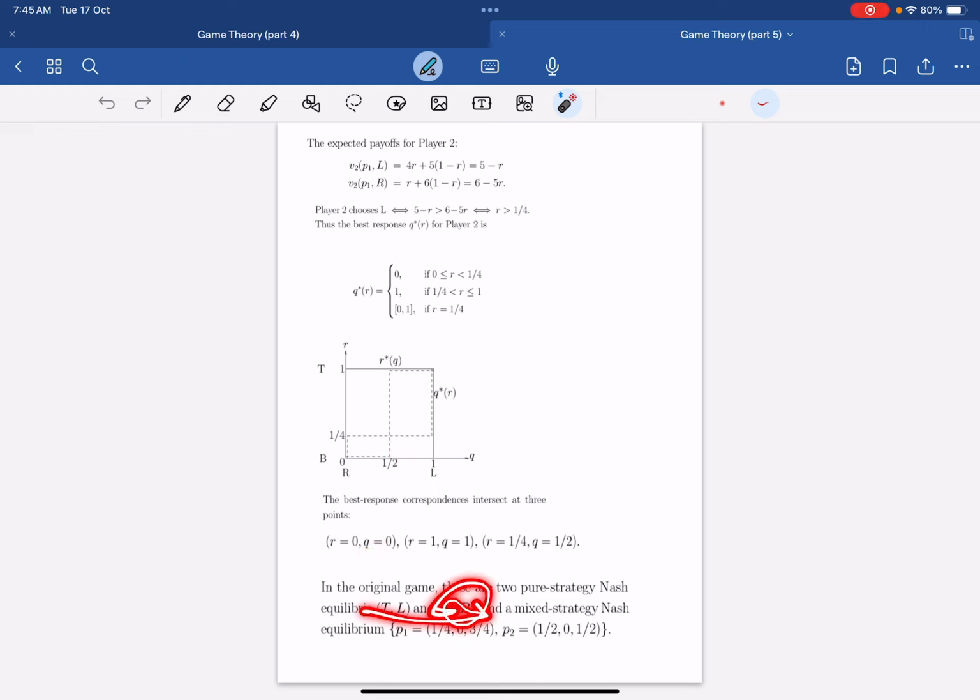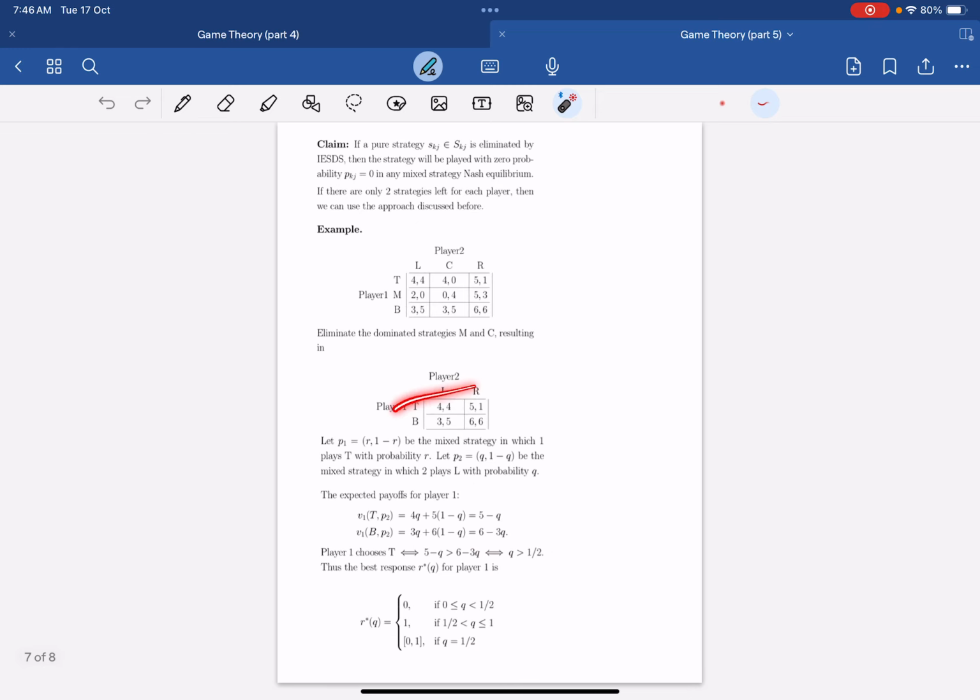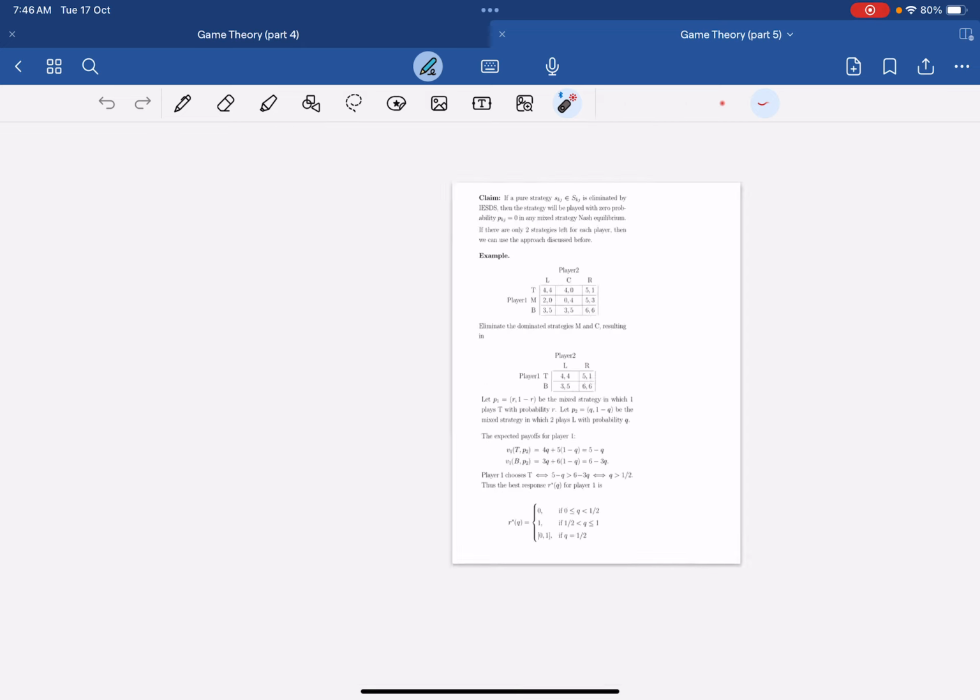So these are the pure strategies, and the mixed strategy will then be 1/4, 0, 3/4 and half, 0, half. The reason you have the 0 in the middle is because you cancelled out M and C. That means you'll never play them, which means the probability of playing them is 0.